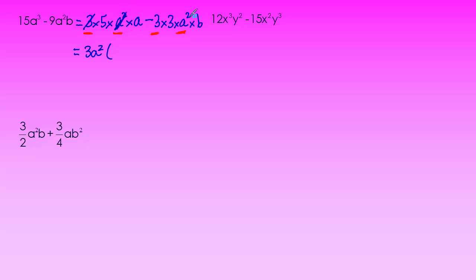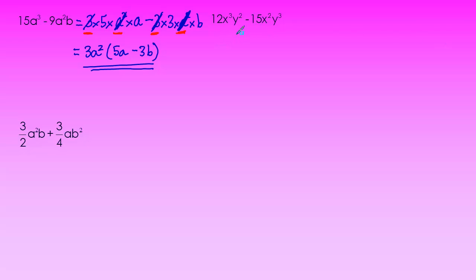Now let's just take out completely the stuff that's in both terms, and then what's left? I've got 5 times a, which we write as 5a. Then I've got a minus sign, and 3 times b, which I write as 3b. And then that's completely factorized.